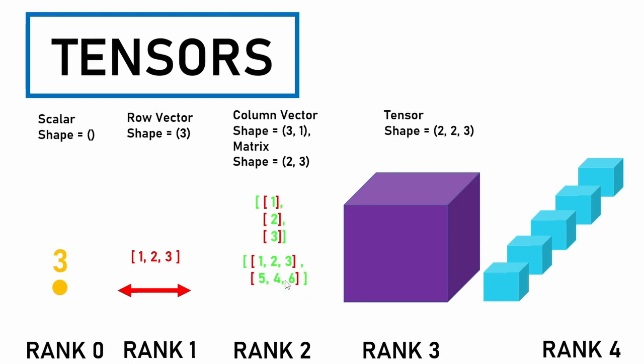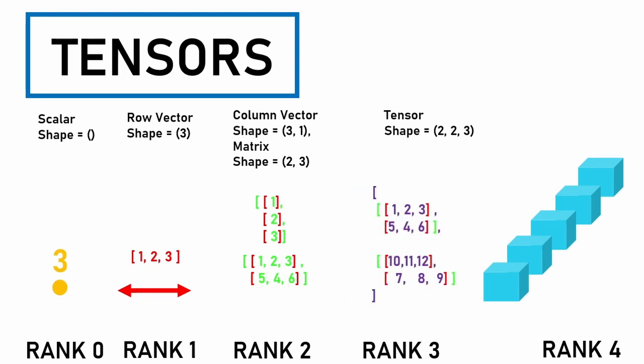So you see for 1 dimension you have a single bracket and for 2 dimensions you have 2 brackets. So similarly, in a rank 3 tensor, you have taken 2 matrices, that is rank 2 tensors, and you have enclosed them within a purple bracket.